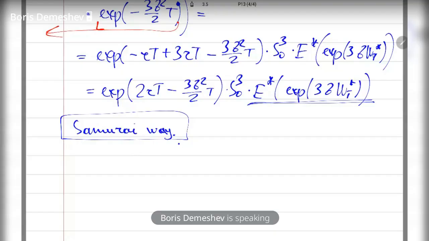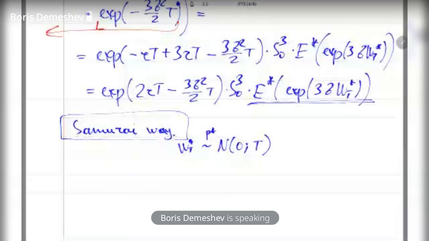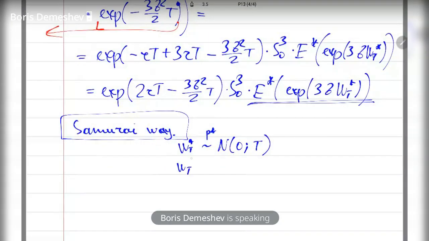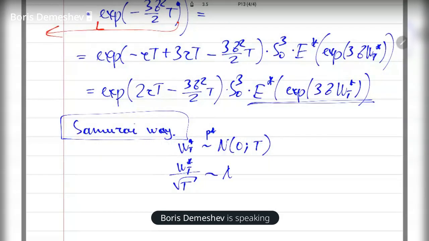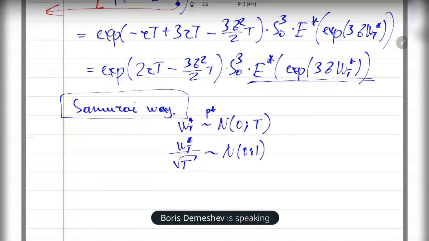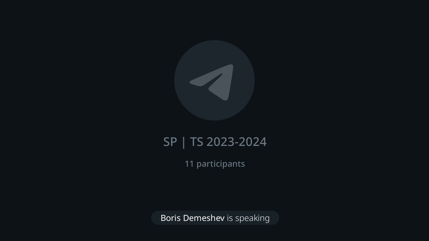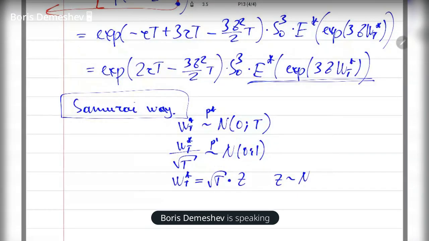We can say that WT star has under P star the normal distribution with mean 0 and variance T. So if we divide WT star by square root of T, it will be normal distribution 0, 1, and hence WT star can be replaced by square root of T times Z, where Z has standard normal distribution under P star.